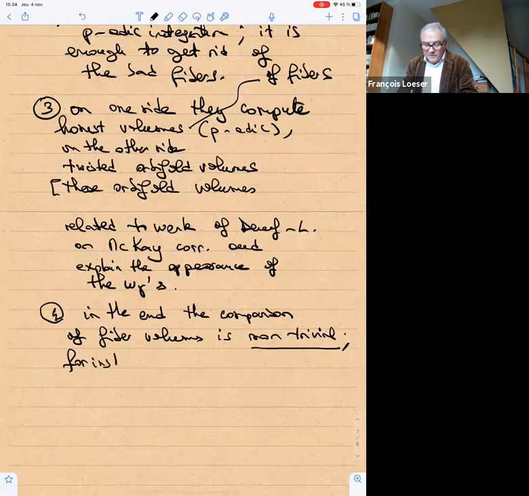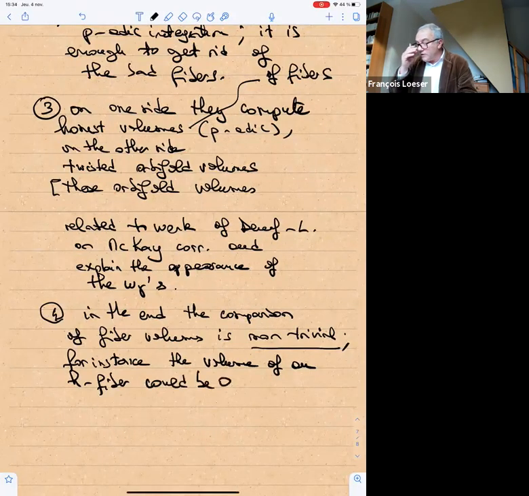For instance, the volume of an H fiber could be 0 for just the stupid reason that there is no point, it's empty. You look at rational points to compute volumes, because it is empty.